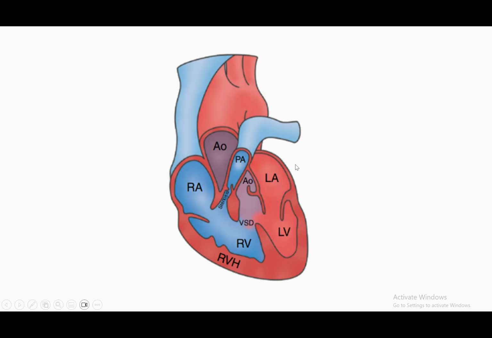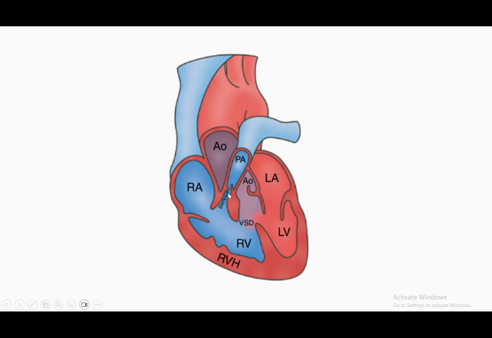The tetralogy of Fallot is a tetralogy. There are four pathologies that describe this syndrome: the pulmonary stenosis, the overriding of the aorta over a VSD, and the RV hypertrophy.